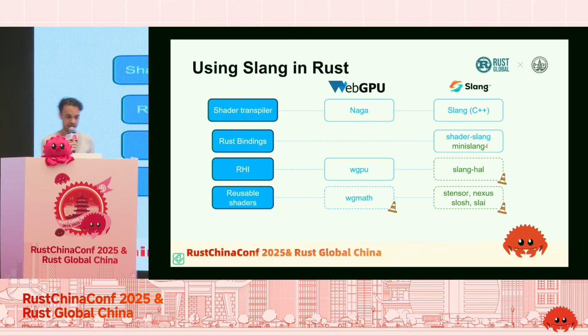And finally, the actual mathematical part, which are the reusable shaders. So there are a few libraries here, again, still very early in development. So stensor, which is Slang Tensor, is a tensor library for Slang.